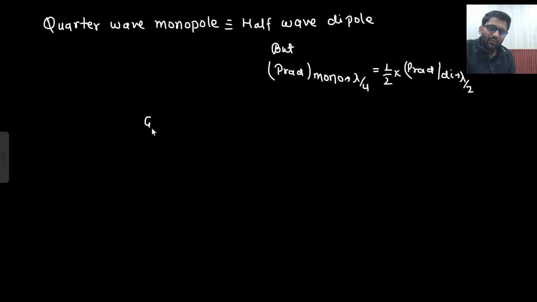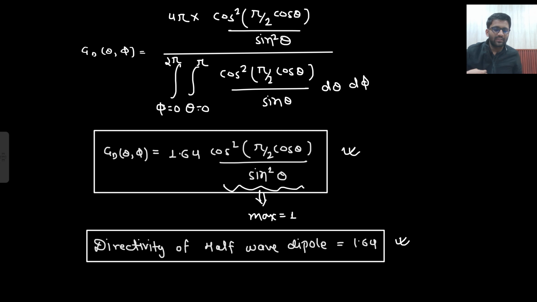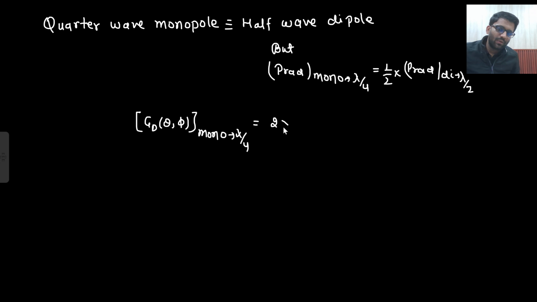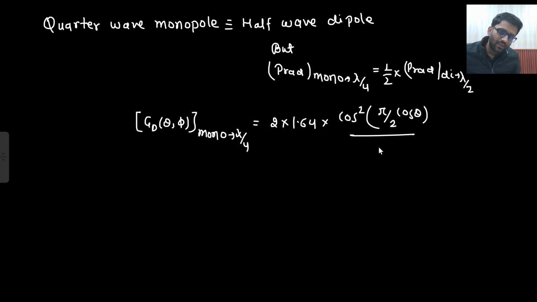So what do you think will be the directive gain of monopole lambda by 4? That would be twice of this. So 2 into 1.64, then here what will come? F square theta only will come, that is cos square pi by 2 cos theta divided by sin square theta.